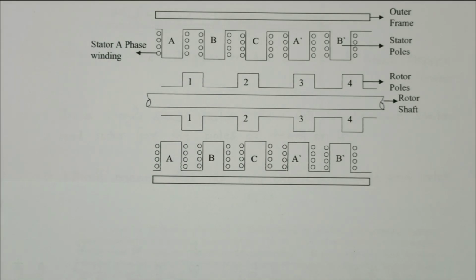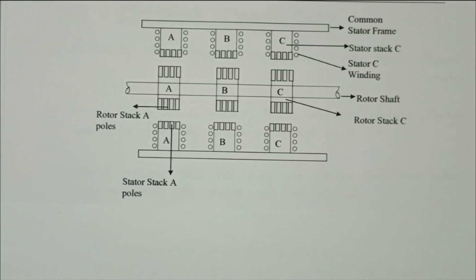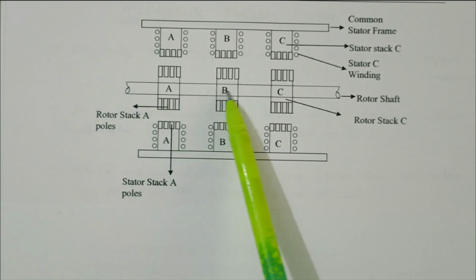Now we'll go to the multi-stack, the cross-sectional view of the multi-stack stepper motor. So this is the cross-sectional view of the multi-stack stepper motor. Normally we have three stacks. Generally we are using a 3 stack stepper motor, A, B, C. Right? 3 stack is the commonly used multi-stack stepper motor. See, this is the rotor shaft.